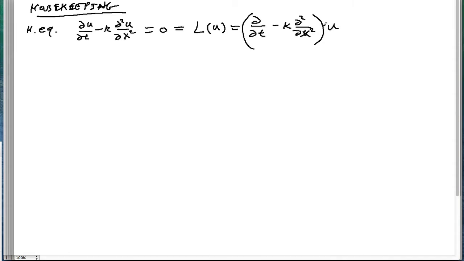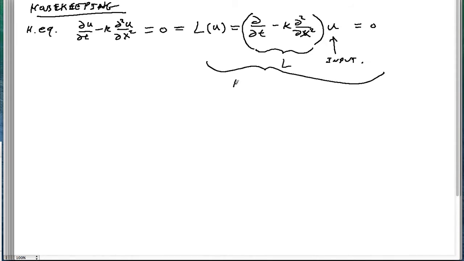So again, we distribute in to get that. We can think of this part right here as being L, and then that's our input. We're going to set this equal to 0, and of course this, as we remember from our ordinary differential equations class, is a homogeneous problem.